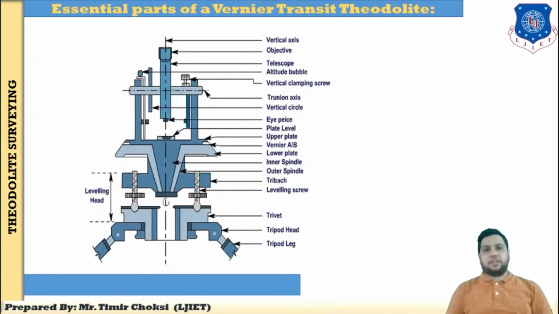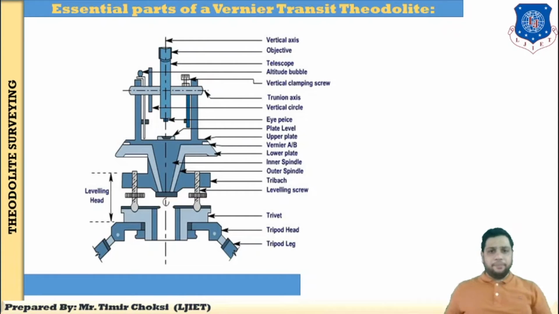So the next topic is the essential parts of a one-year transit theodolite. I have already explained the theodolites used in the field. In this particular semester, the only focus is the one-year transit theodolite, so I will explain all the essential parts of this theodolite.